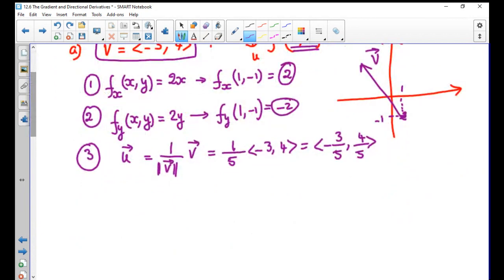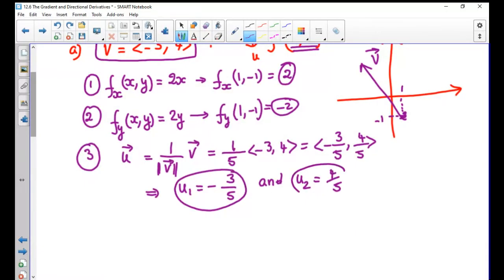That means u1 is, what is u1? Minus 3 over 5. And u2 is 4 over 5. Now we are ready. Hence, we are ready now to write the derivative of our function in the direction of u at the point (1, -1).